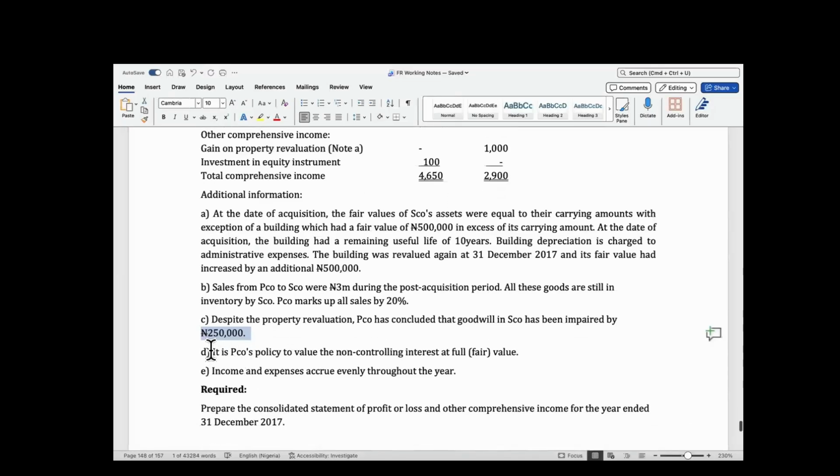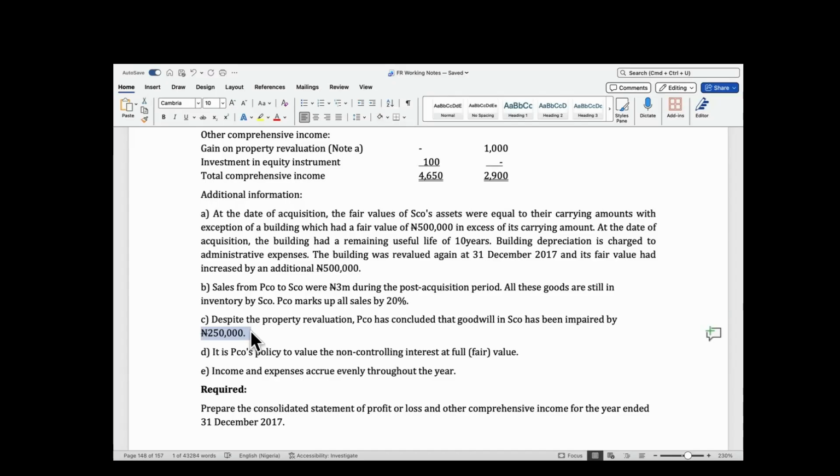And finally, it says, is PICO's policy to value non-controlling interest at full fair value? So the implication of this is that the impairment of goodwill here would be shared between the parent and the NCI.